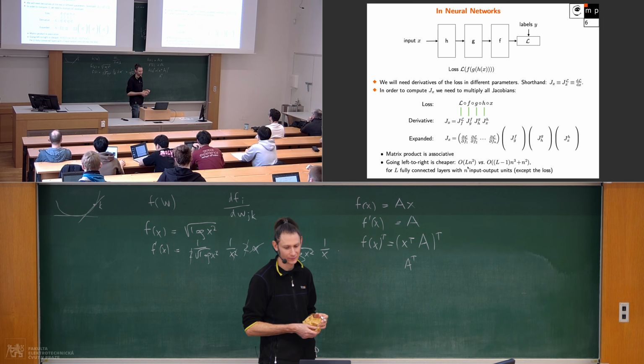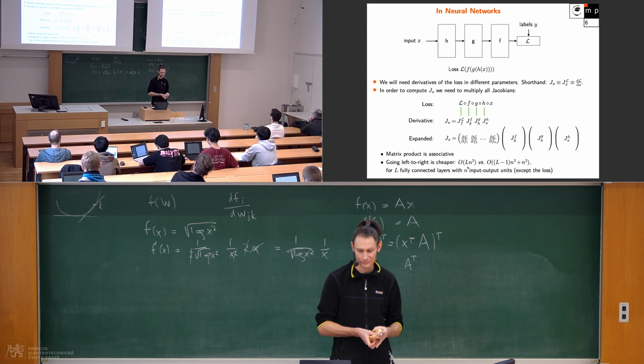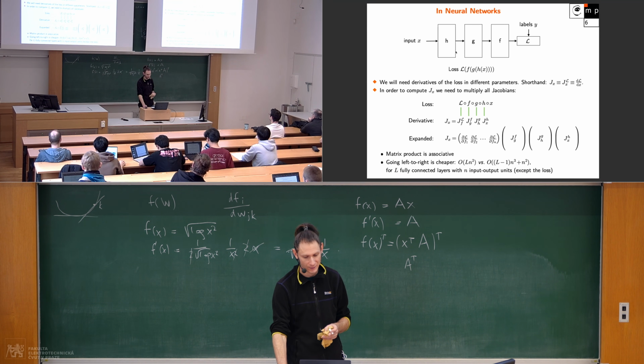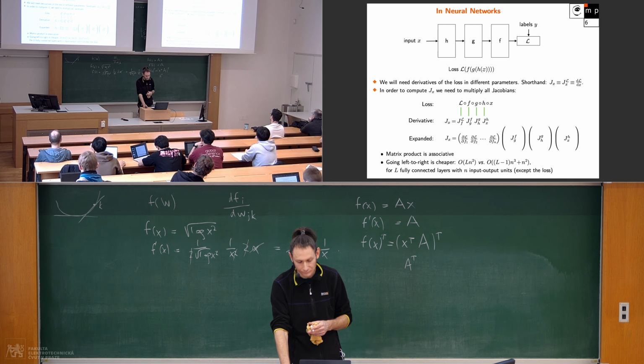Now let's see what happens if we apply it to a neural network, some feed-forward neural network, which is the composition of, let's say, these three functions. We have the loss function, and then f of g of h of x.